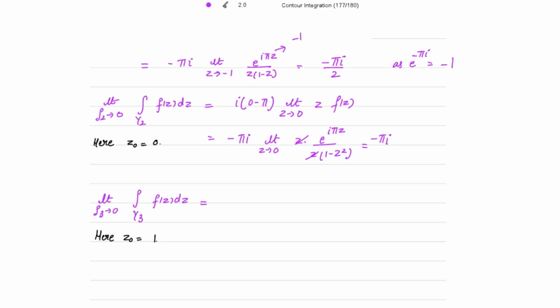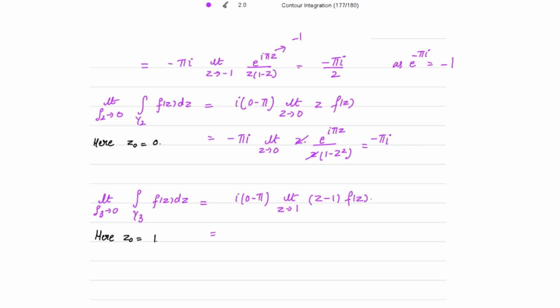Then for the third semicircle, here z naught is 1. So this is iota times 0 minus pi, limit z tending to 1, z minus z naught, so z minus 1 into f of z.